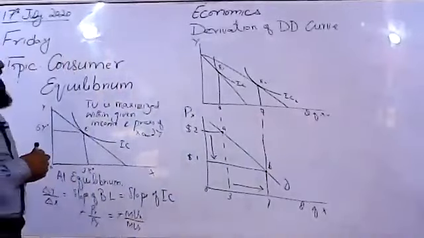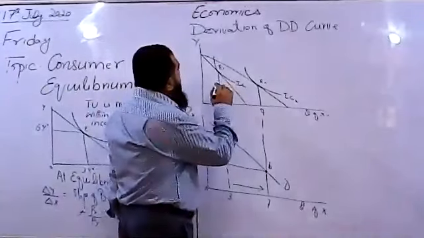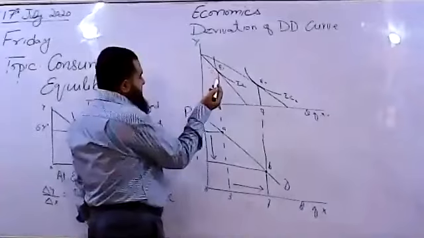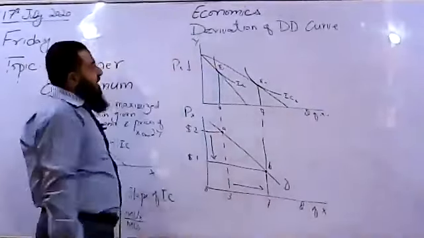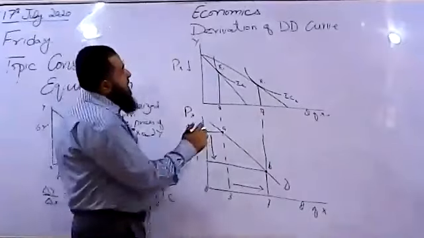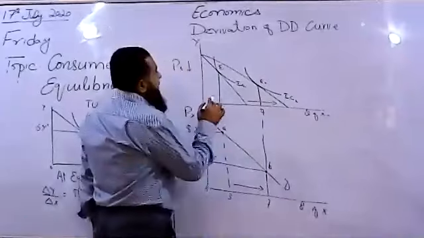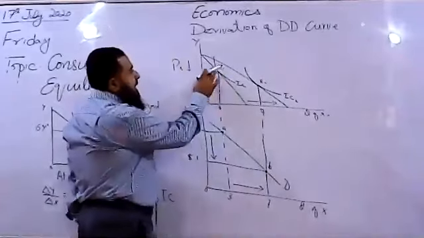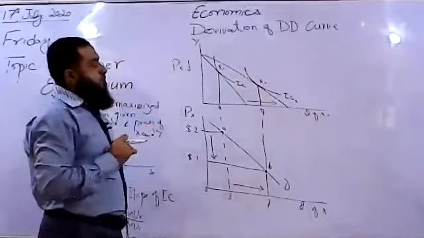So how are we able to derive the demand curve? When the price of X decreases, in this upper diagram, the budget line will rotate outward. And now instead of consuming at E1, the consumer moves on to point E2.